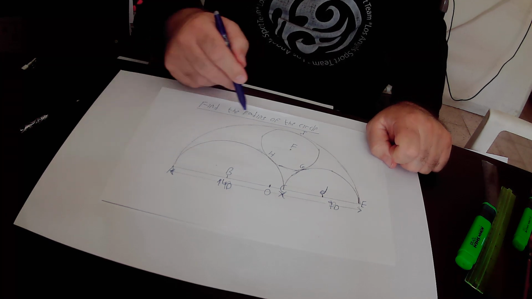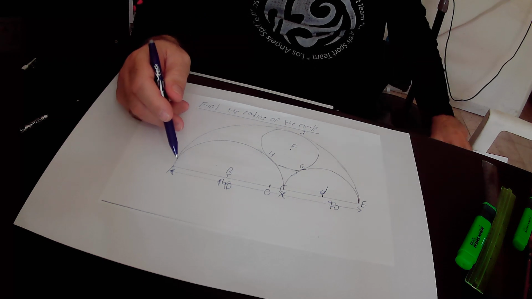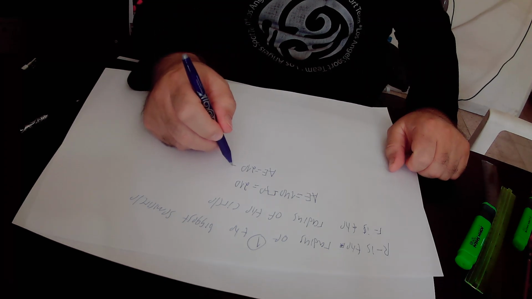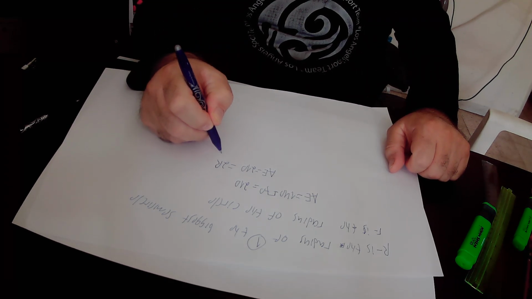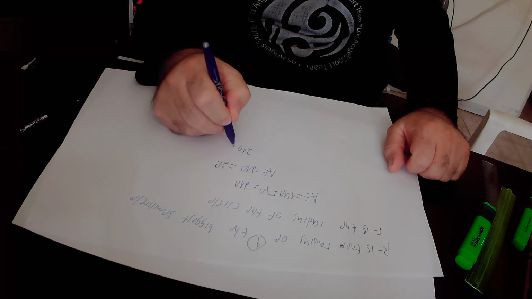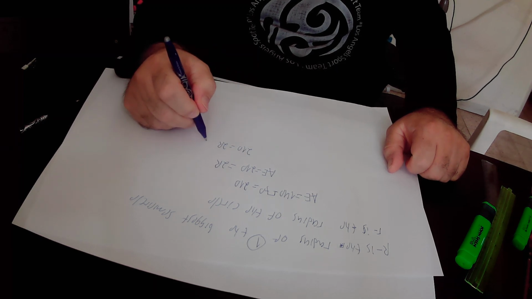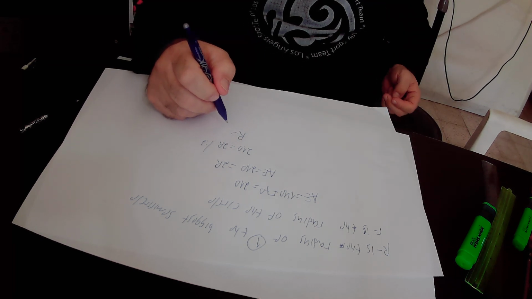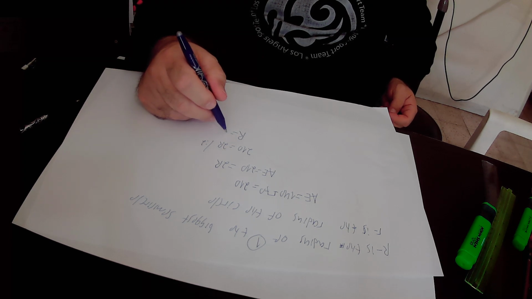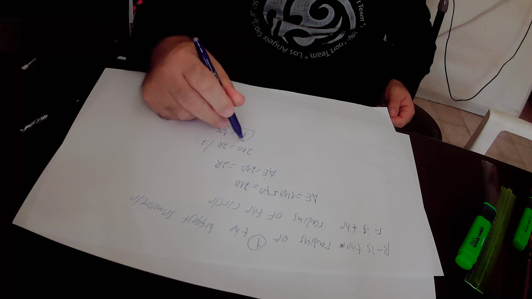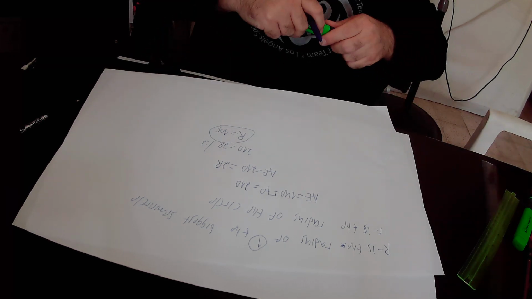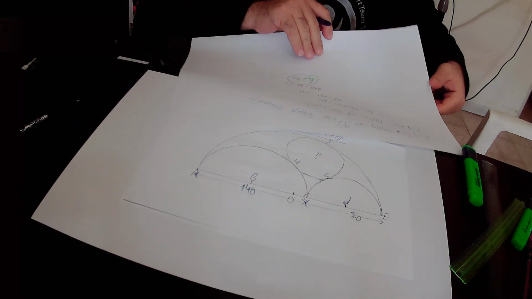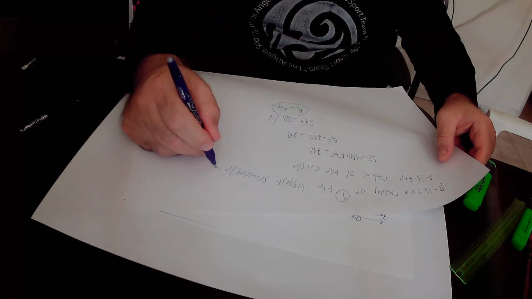We define the radius of the biggest semicircle as capital R. Therefore, AE, the diameter, must be equal to 2 times capital R. So 210 equals 2 times capital R. We'll divide this equation by 2, and we'll get that capital R, the radius of the biggest semicircle, equals 210 over 2, that is 105 units.